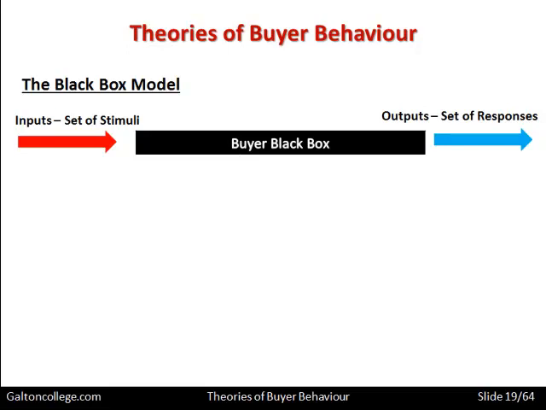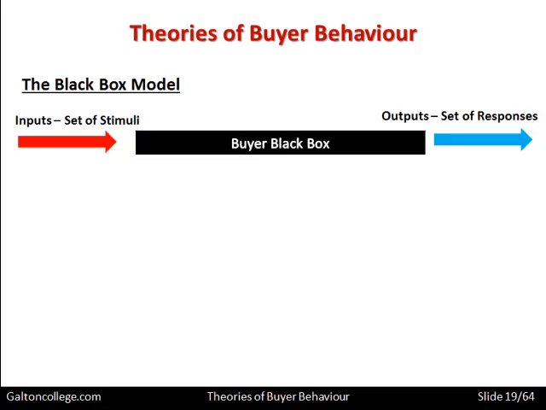So all of this is fed in, but it's fed into a black box, as I said, into us. We process this in our minds, and no one can see our minds. But out of the processing, we get the outputs, the set of responses, which could be to buy the product or not buy the product.